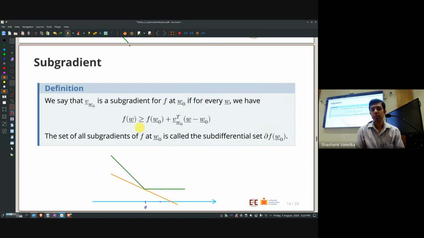All right. In this case, the slope of this particular orange line corresponds to the subgradient.